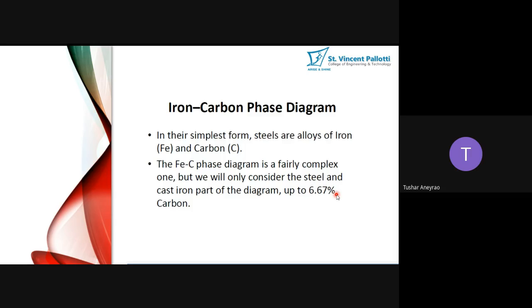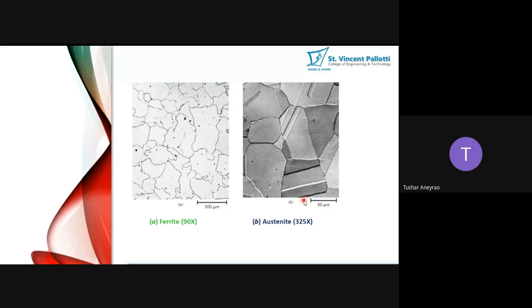Their physical properties are not useful for any industrial, mechanical, chemical, or other applications. So that's why we are not considering the iron carbon diagram beyond a carbon percentage of 6.67.